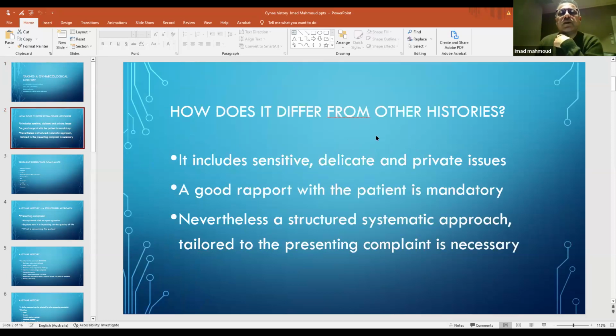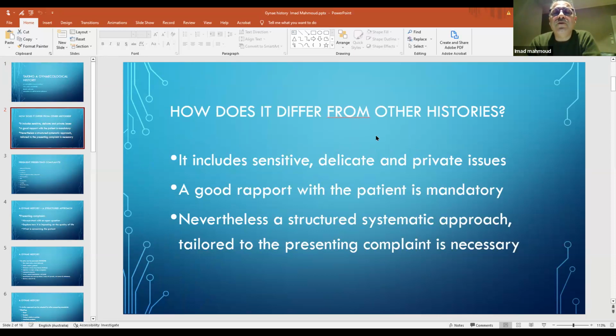So let's start with why gynecological history is different from other history, compared to medical history taking or other specialties of medicine. Because it is a very sensitive area. It's about women's health, and it can touch very private issues, including sexual health.